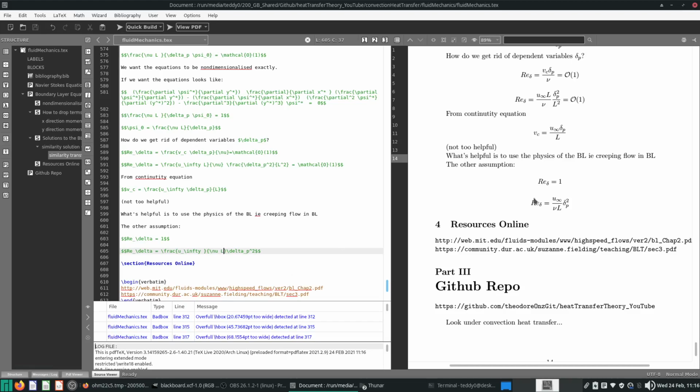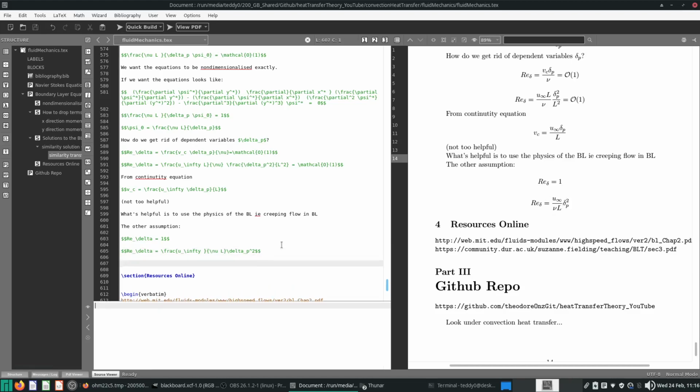And if we make delta P the subject, that will just equal the square root of Re delta. Okay, square root.